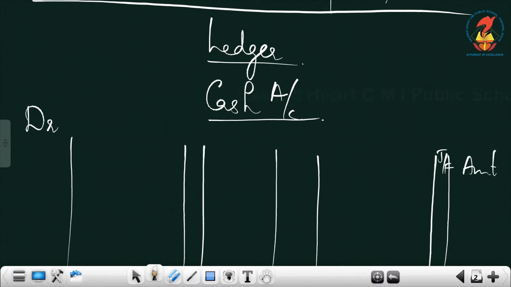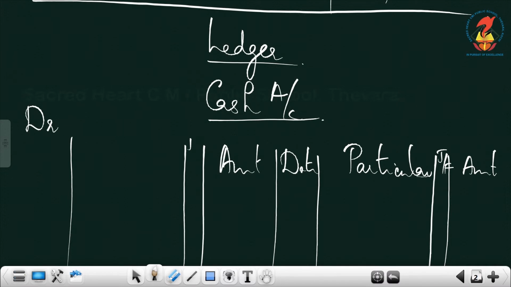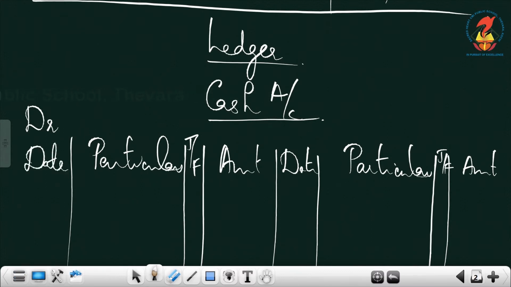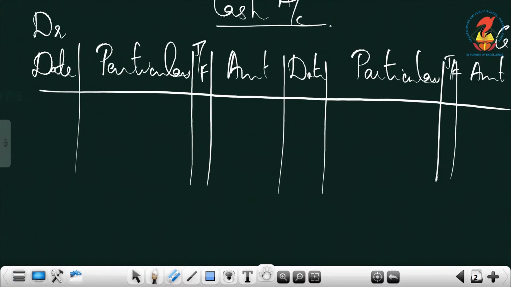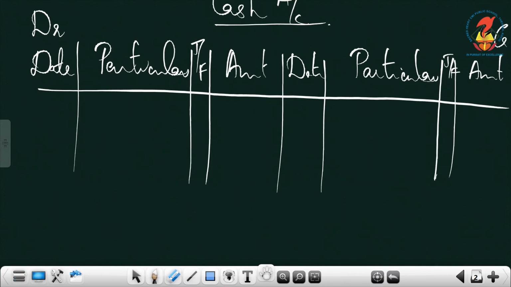So this is the format. You just have to look into the journal entries and do the posting. Journal entries you have already written. Just look into that and do the posting carefully. When it is compound entry, you must do it very carefully.